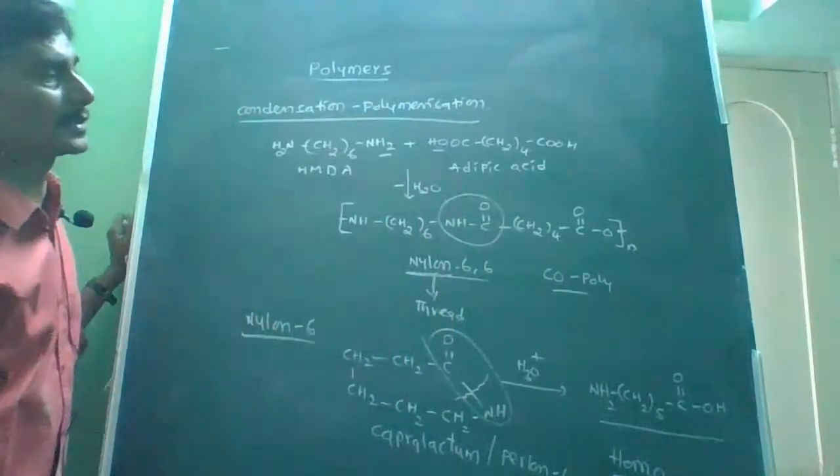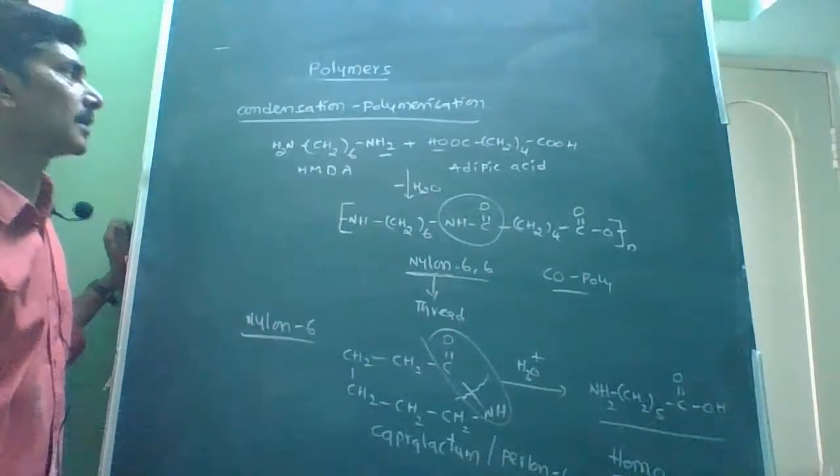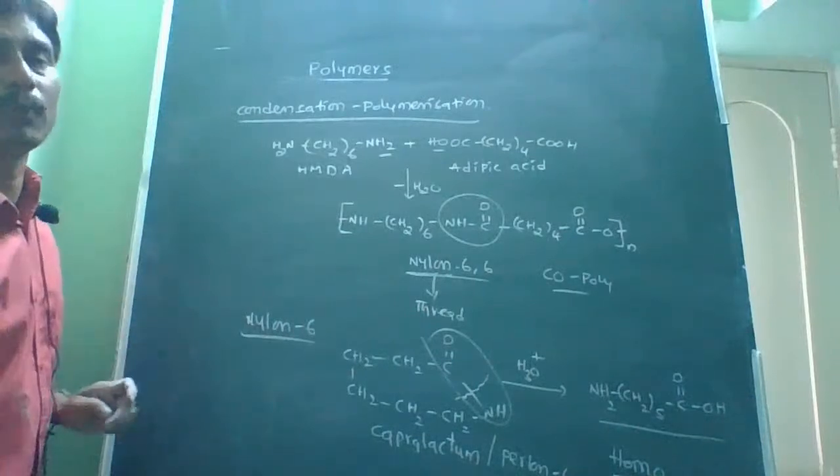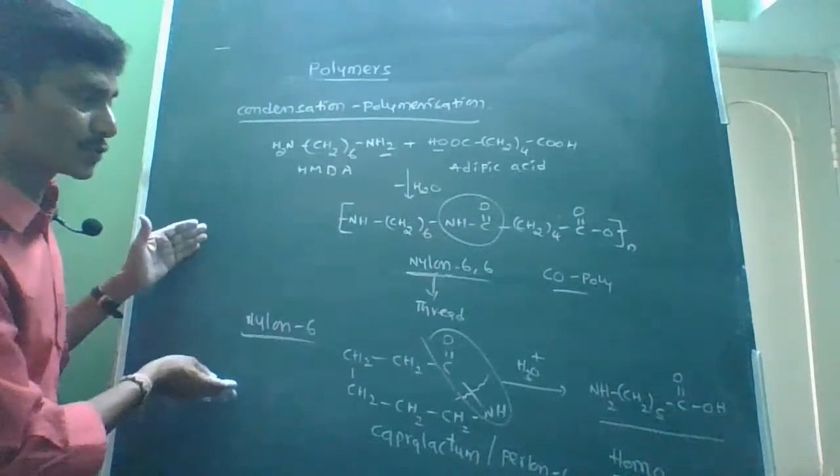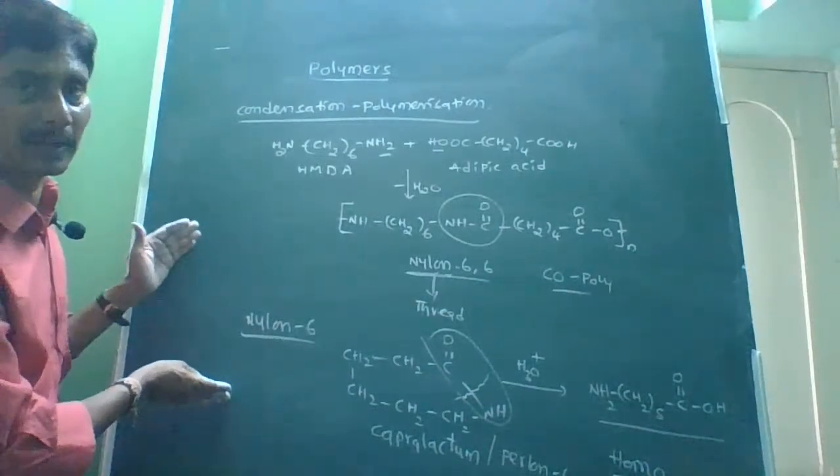So polyamides and polyesters come under condensation polymerization. They are very strong among the polymers.